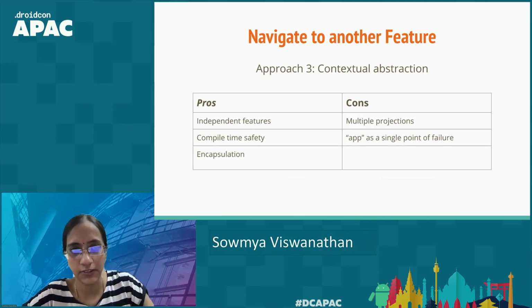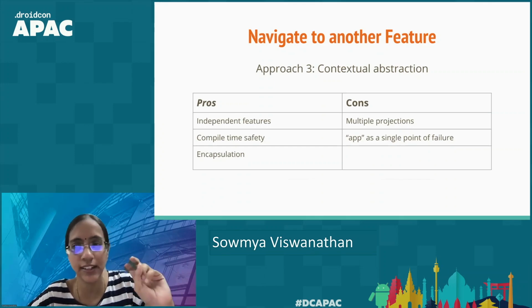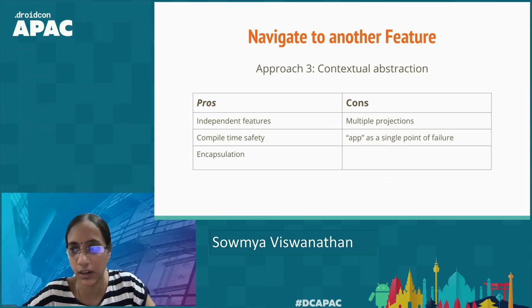If we reflect and look at the three approaches, there is really not a correct approach that we can say, because it depends on what our app needs and what our team needs. For example, a few teams may be okay with having multiple projections across features, but for a few teams a single model would suffice.